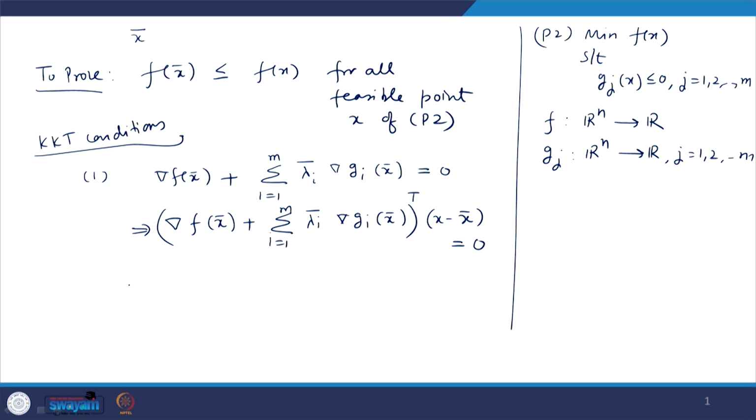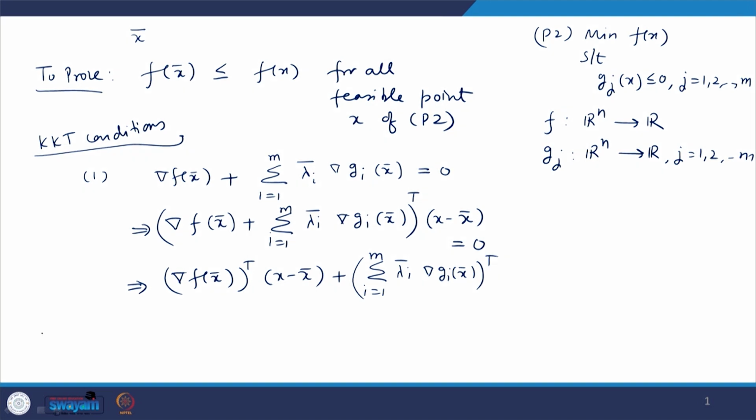Now, this further implies gradient f(x bar) whole transpose (x minus x bar) plus summation i from 1 to m lambda_i bar gradient g_i(x bar) whole transpose into (x minus x bar) should be equal to 0.